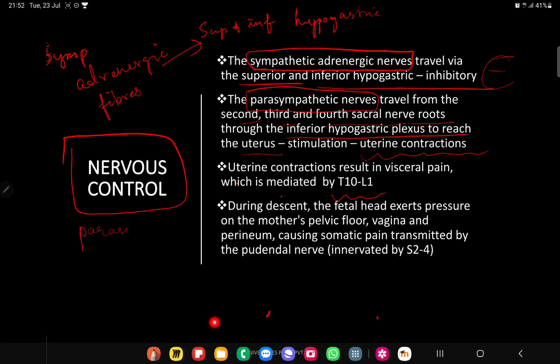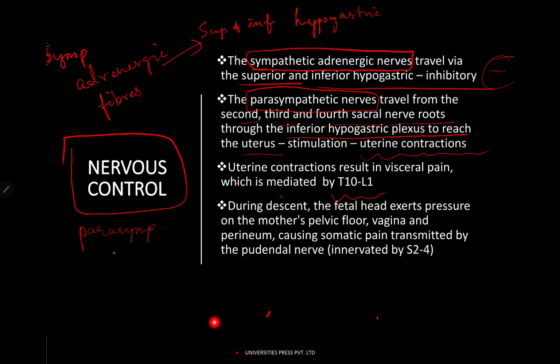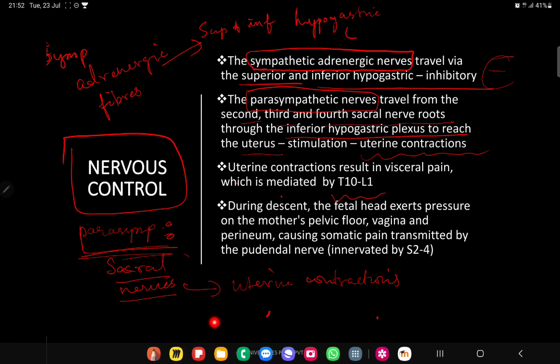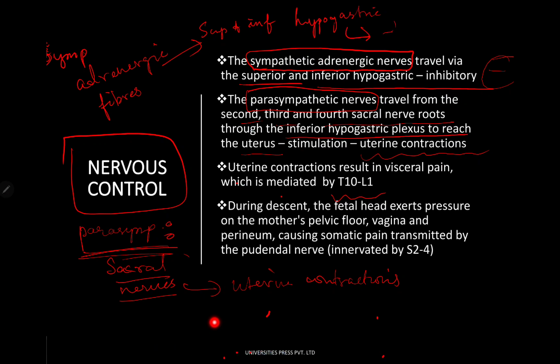Parasympathetic nerves are going to be via the sacral nerves. So parasympathetic nerves, sacral nerves, all will be causing uterine contractions, whereas adrenergic fibers will give an inhibitory effect.